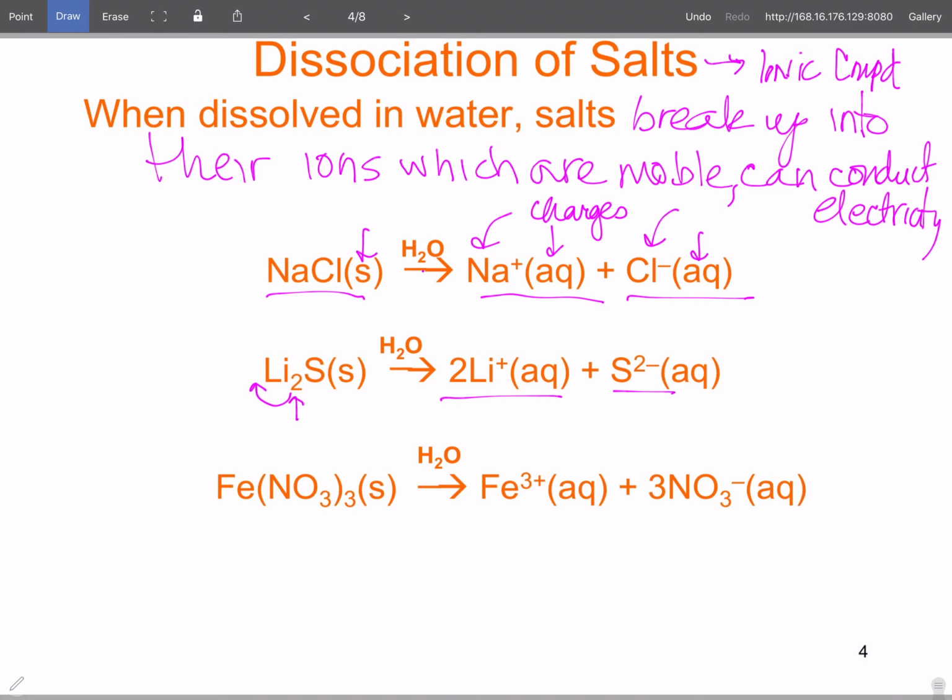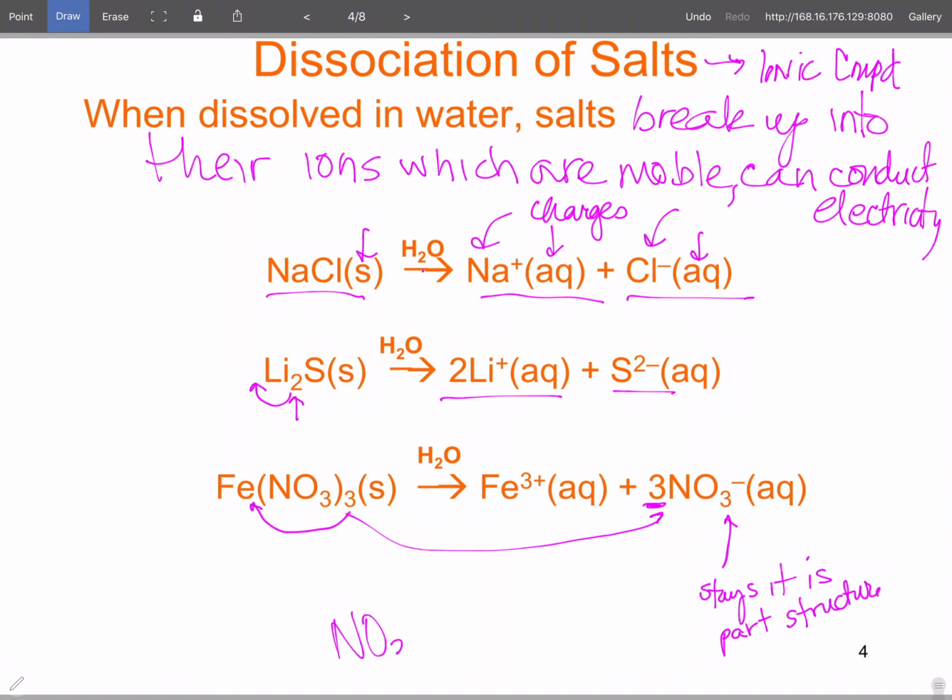Okay, so if we look down at iron 3 nitrate, notice that this one moves out front. There's Fe3. You can show it here. But this one stays because it is part of the structure, because you're dealing with nitrate ion. This is one of the ions you were told to memorize.